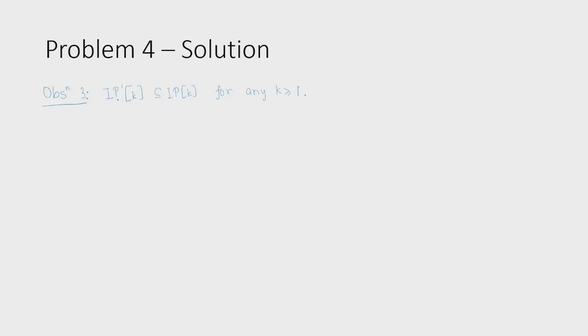So what you're saying is, if there exists a common prover, then there exists a prover for everything, right? And that implies the observation. So basically, the completeness condition of IP prime K implies the completeness condition of IP K. The soundness conditions are the same. So the proof is just this.